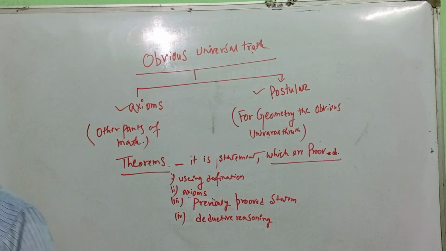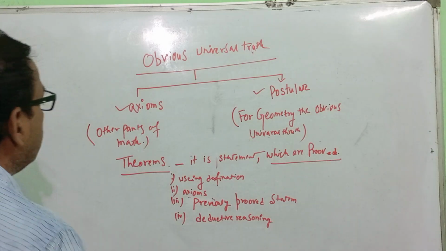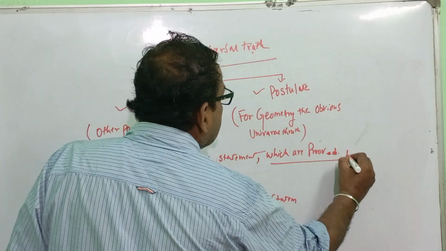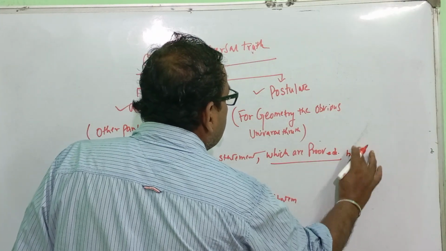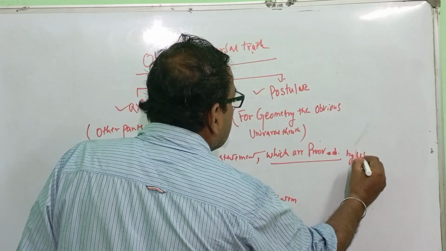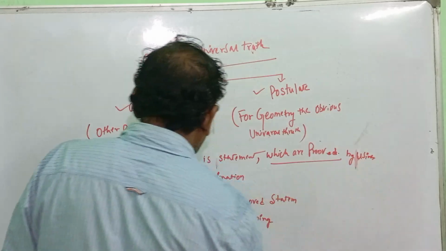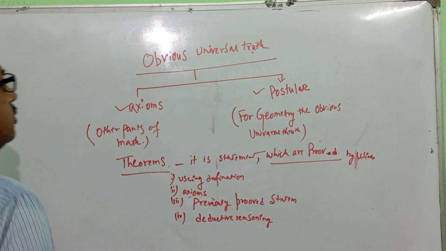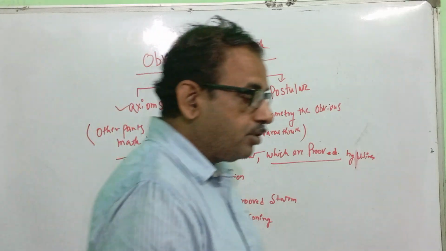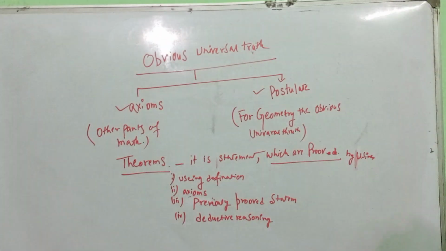A theorem is a statement which is proved by using these 4 things. Axiom and postulate are both universal truths.